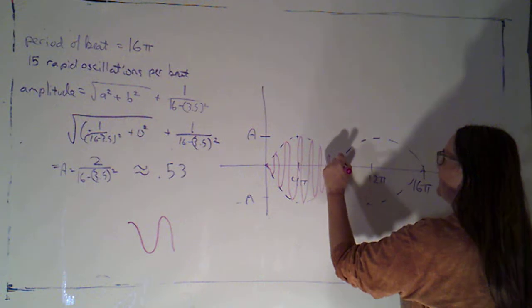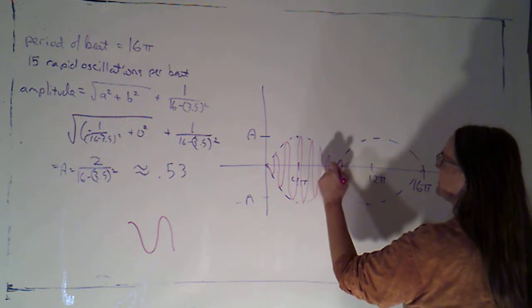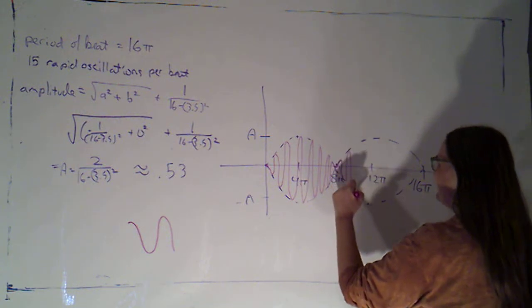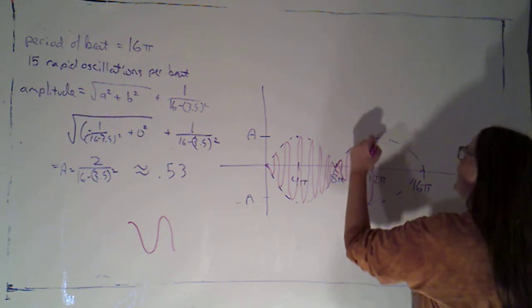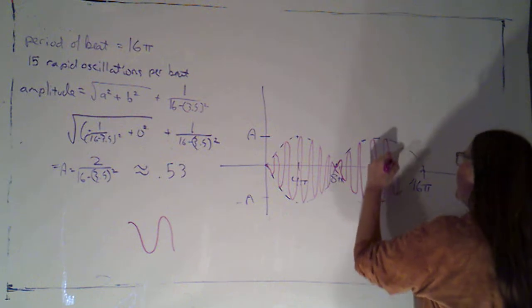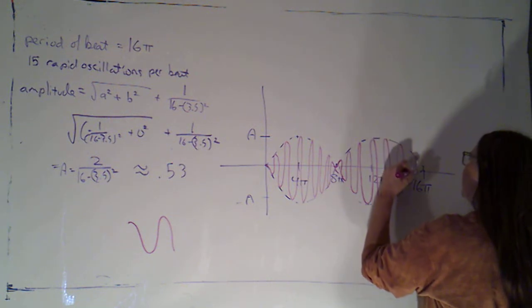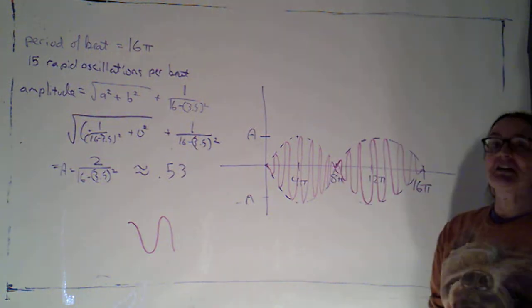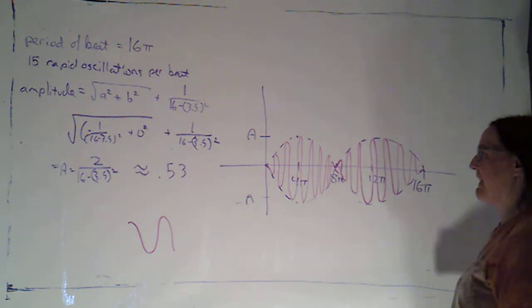That's now a low point. 1, 2, 3, 4, 5, 6, 7.5. My curve's going to look something like that.